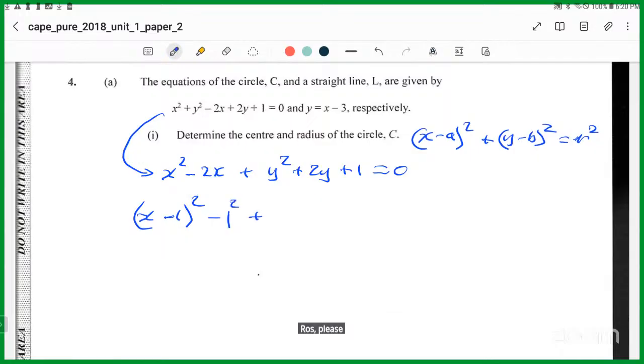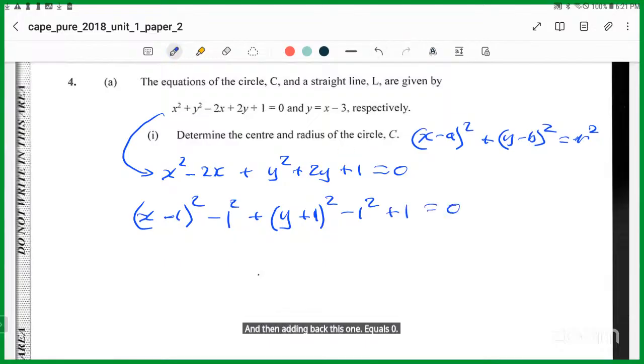Now it becomes y plus, half of this plus 2 is plus 1, squared, and then subtract the square of this 1 squared, and then adding back this 1 equals 0.